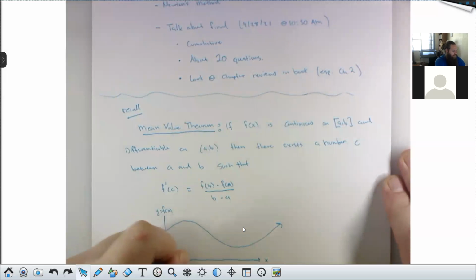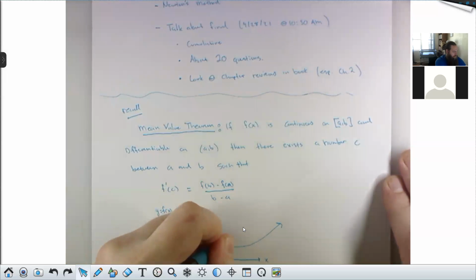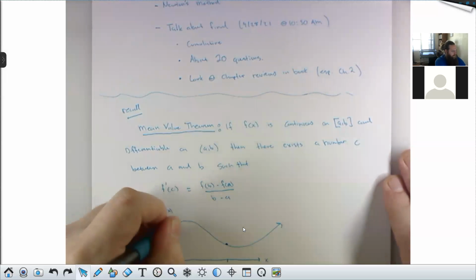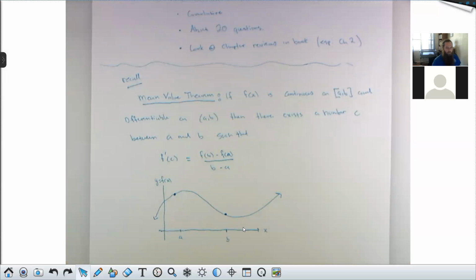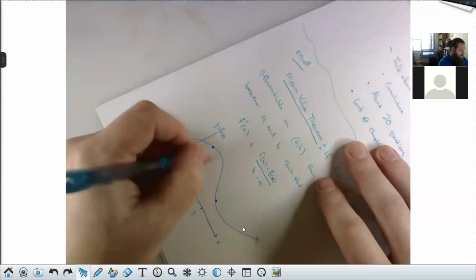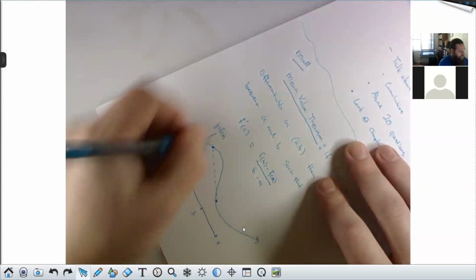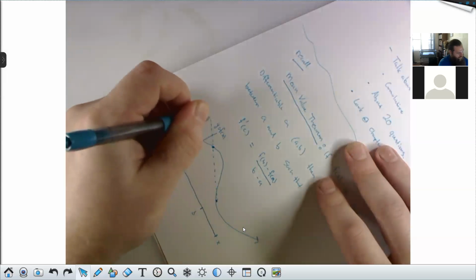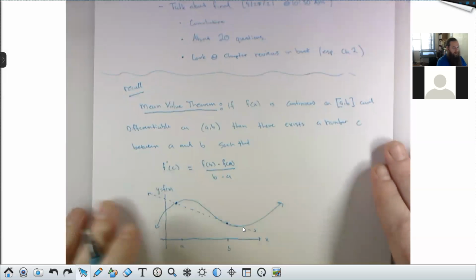If you look at the graph from a to b, here's a and f of a, here's b and f of b, and you draw the secant line connecting the point on the left to the point on the right. The secant line is a line connecting 2 points on the graph. The slope of that secant line is the right-hand side of the mean value theorem.